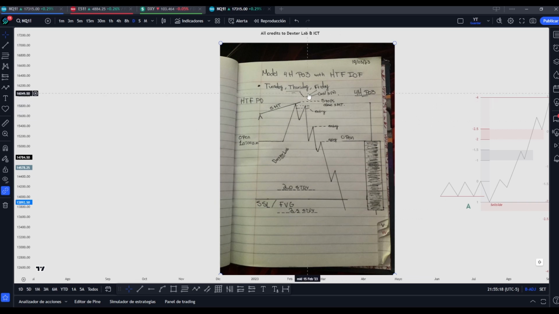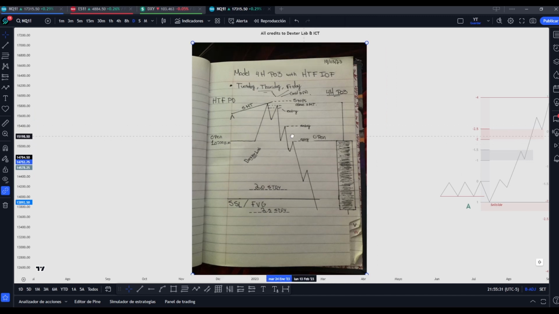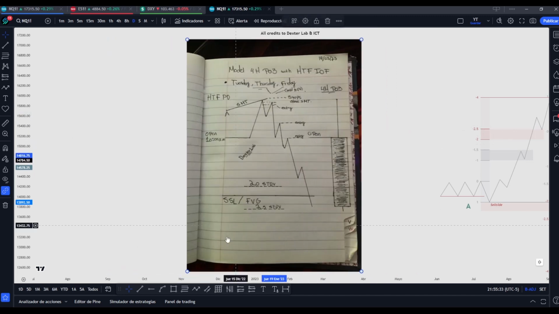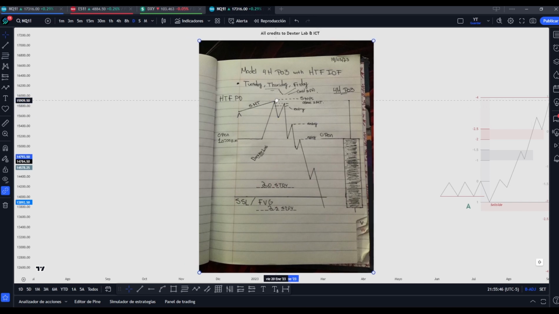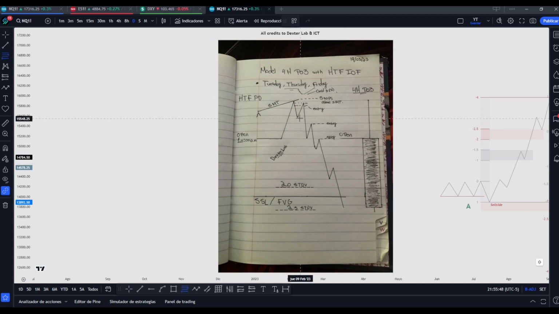We have our standard deviation placement on the manipulation leg and on the first distribution leg. Probably it won't fit in, but the placement on the standard deviation on this scheme would be here, on the first leg of distribution. Yeah, I know it doesn't fit, but it's just a random example.